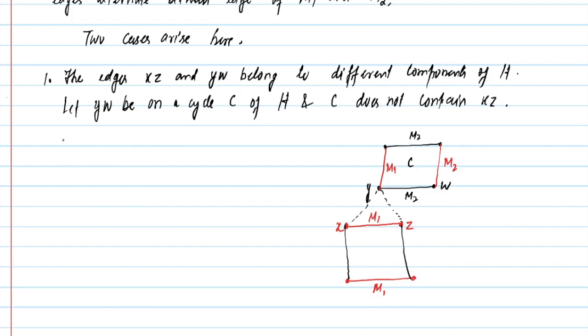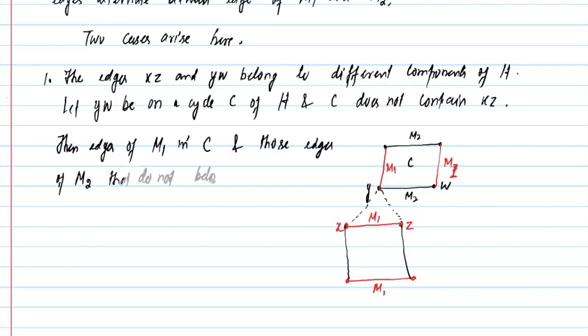Now if we look into this graph, we can construct a matching. The edges of M1 in C, and those edges of M2 that do not belong to C, give a perfect matching in G star.